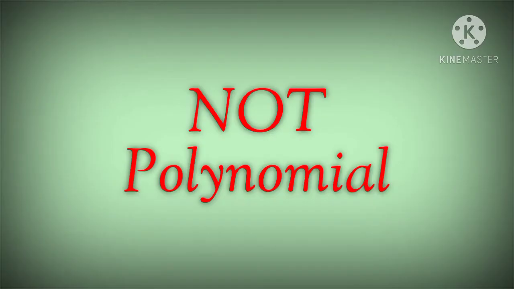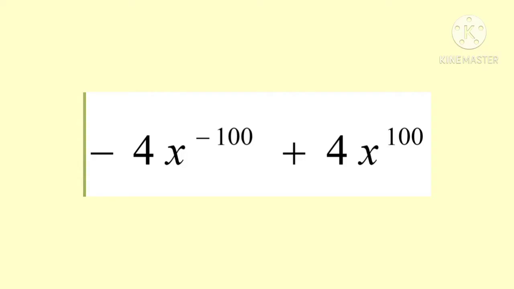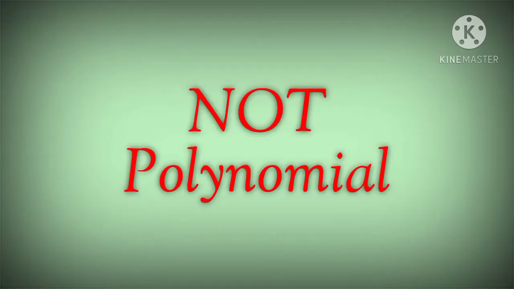Not polynomial because the variables are in the denominator. And lastly, we have negative 4x to the power of negative 100 plus 4x to the power of 100. Not polynomial because the exponents are negative.